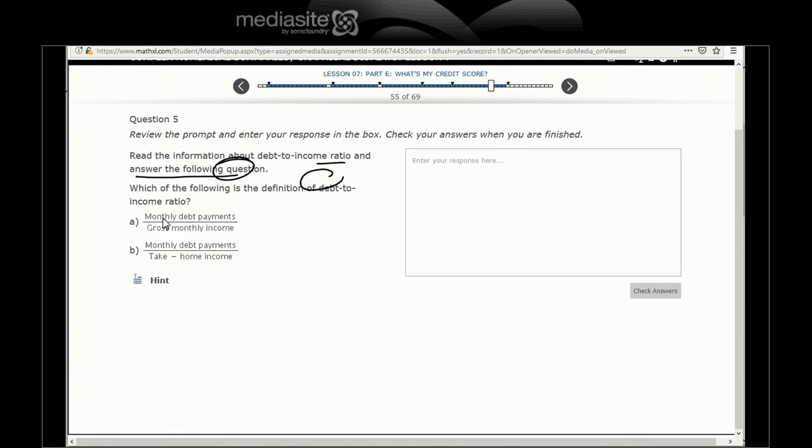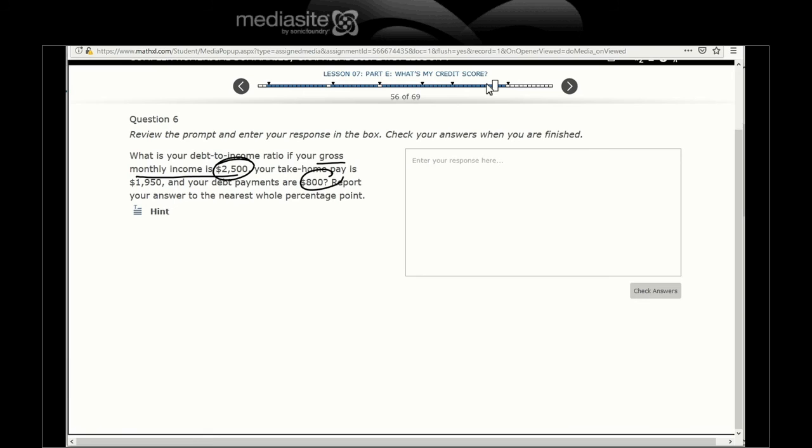Recall, it is monthly debt over gross. So my monthly debt is $800. My gross, $2,500. So 800 divided by 2,500 is 0.32, or 32% is your debt to income ratio.